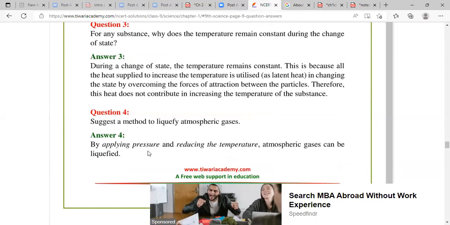You'll write a hashtag: how atmospheric gases can be liquefied, and then write by applying pressure and reducing temperature. This is a very important question, sometimes you miss it. If you reduce the temperature, it will turn into liquid. Clear?